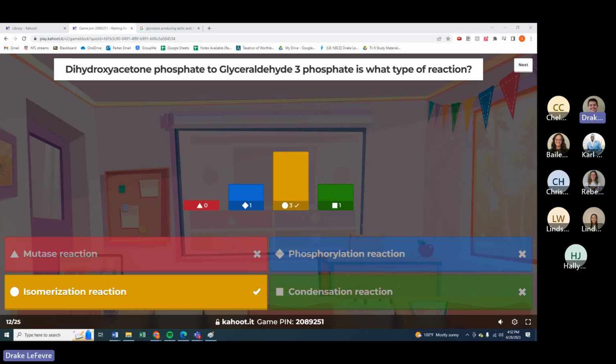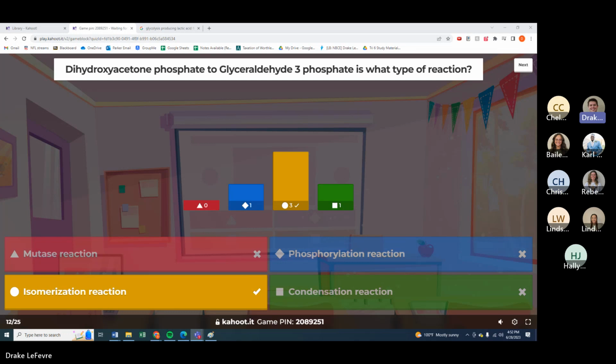Its actual definition, like what an isomerase enzyme does that's different from a mutase enzyme. I can take a shot at it. Go for it. Well, I know that mutase just moves the phosphate over. So maybe mutase is just the moving of a phosphate, and isomerization is just restructuring of the same elements, basically.